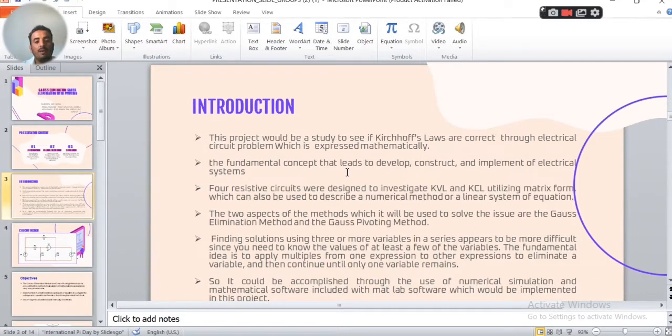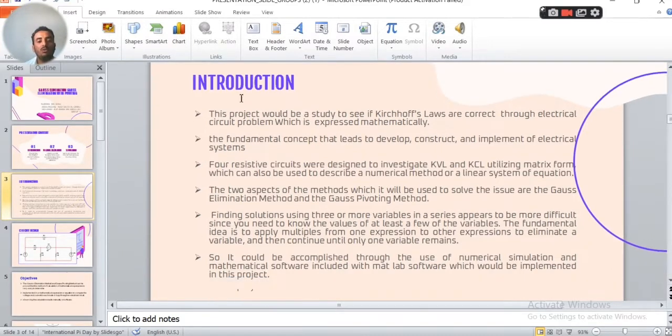The two methods used to solve the problem are the Gauss's elimination method and the Gauss's elimination method with pivoting. We have successfully calculated the electrical system we chose with the two numerical methods, and also proved the answer with MATLAB software.